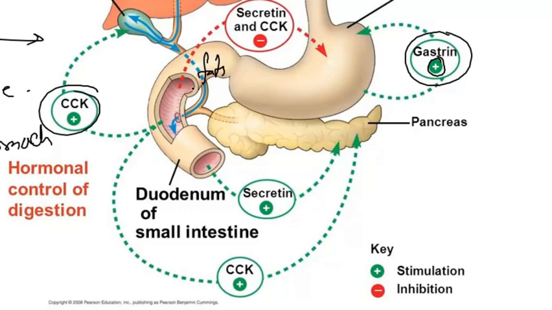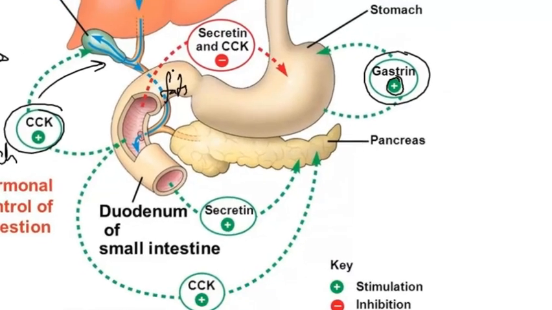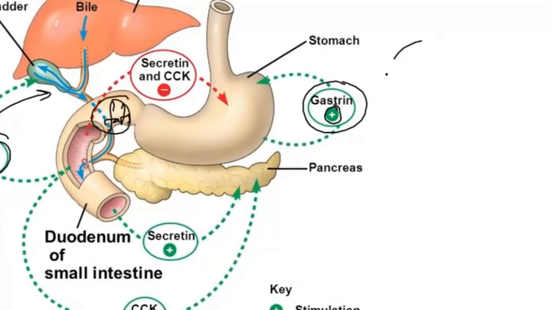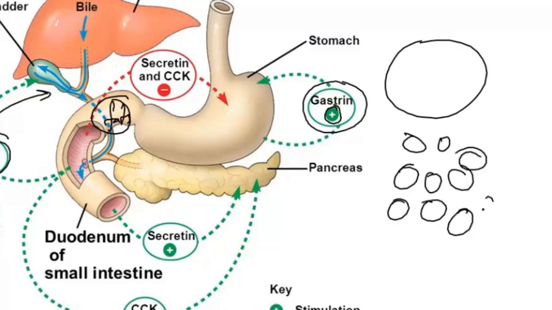CCK stimulates the gallbladder to release bile salts, because bile is required to break fat down into smaller fragments, which is called emulsification. If it's a large fragment of fat, emulsification breaks it into smaller chunks so that it increases surface area, and so that lipase enzymes can work.